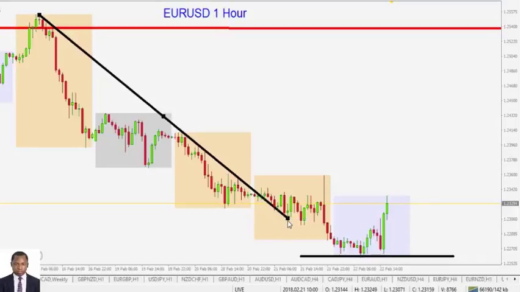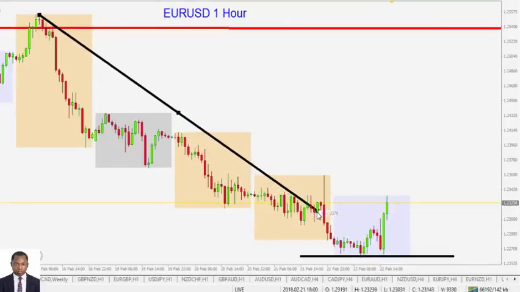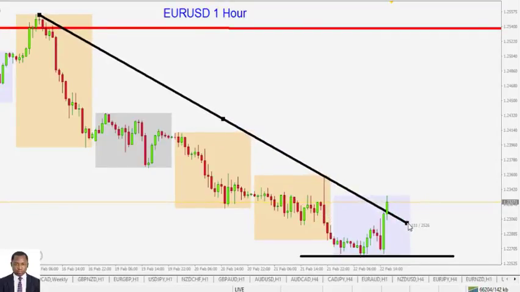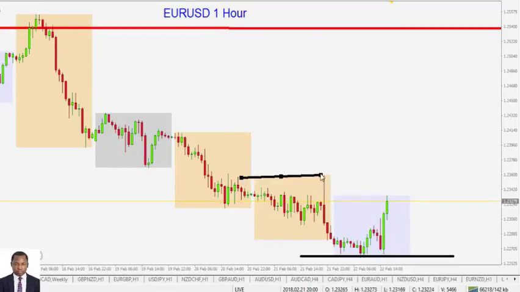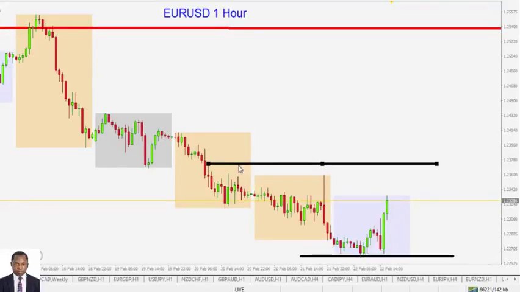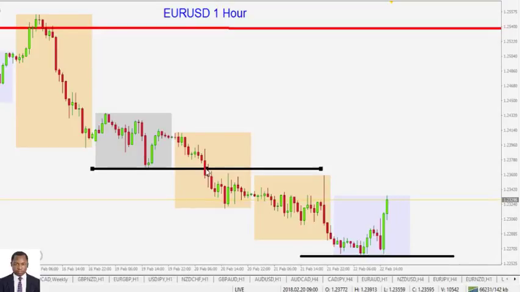It got broken as well. Another one here got broken. I hope you can see what I am doing here. Then the final one here again, and it is being broken right now. Okay, so it's not a reliable line. Just remove that. I personally will not trade a trend collapse strategy of that line.